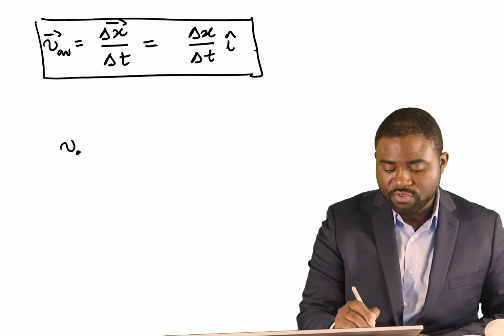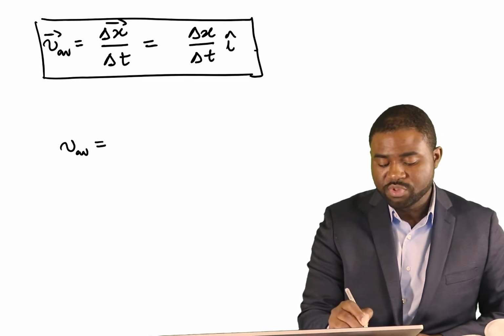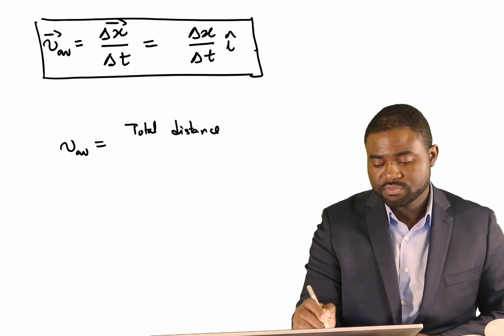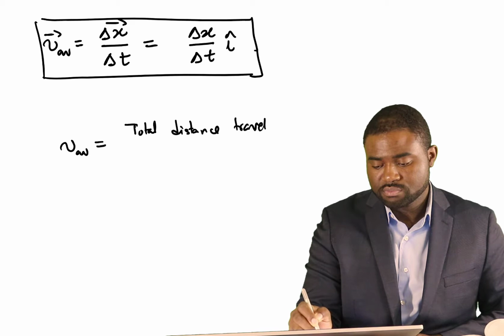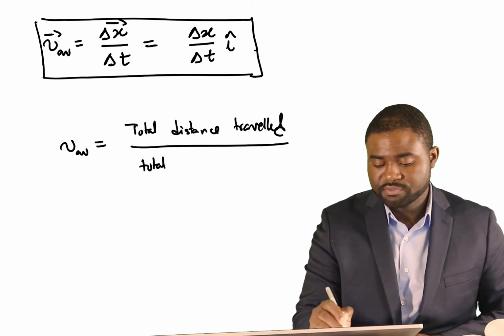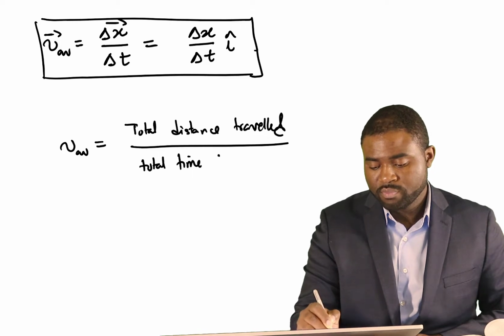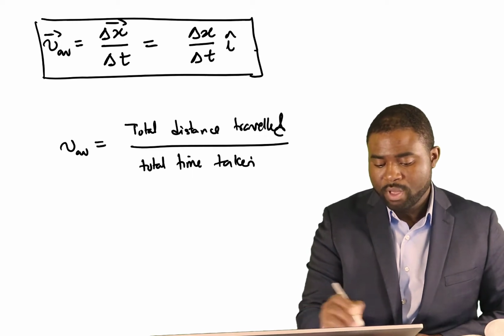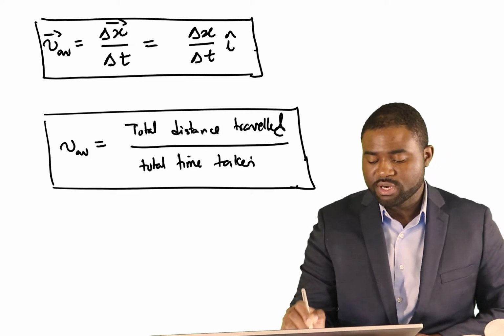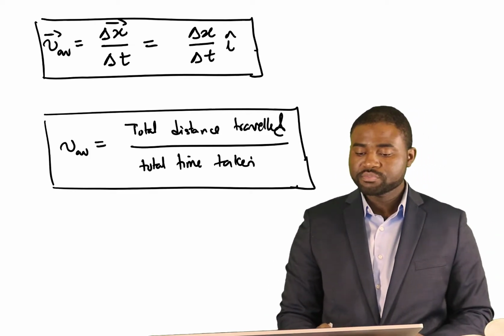Average speed, V average, is simply defined as the total distance traveled divided by the total time taken.